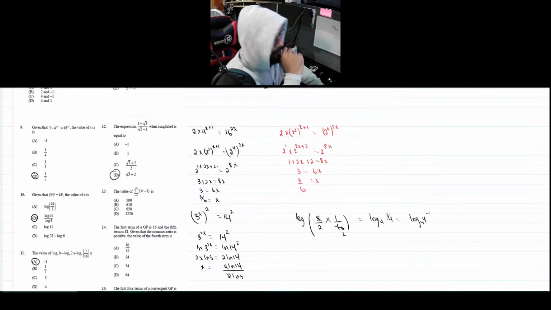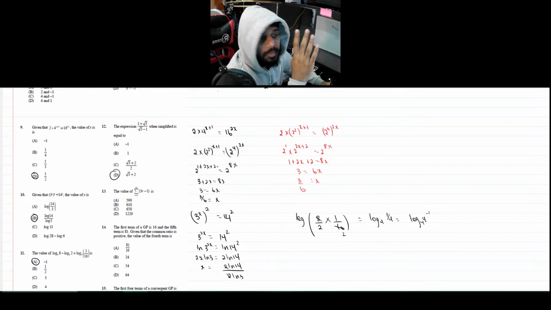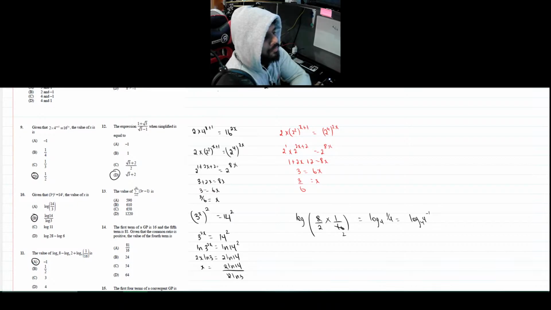D. The value of this is, okay, we have summations. For those of you who were under me, we have a class to deal with summations, right?